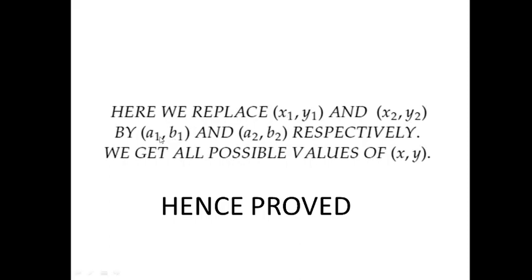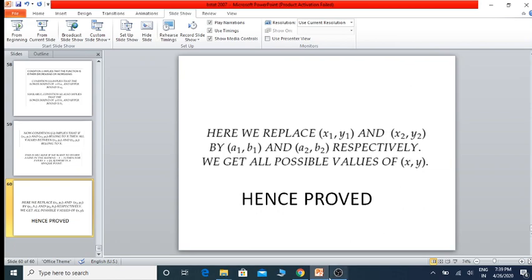So we have taken the extreme values a1 and a2, lower bound and upper bound. Similarly for y, the lower bound is b1 and the upper bound is b2. So we get all the points between (x1, y1) and (x2, y2). So hence we have proved our question.